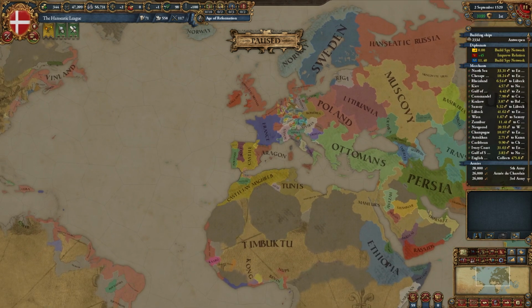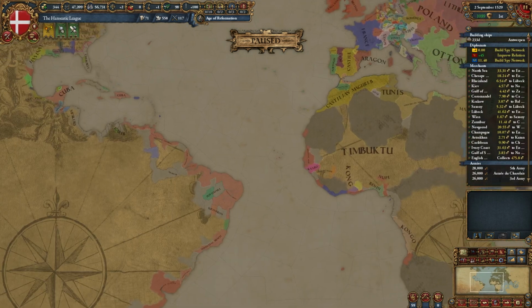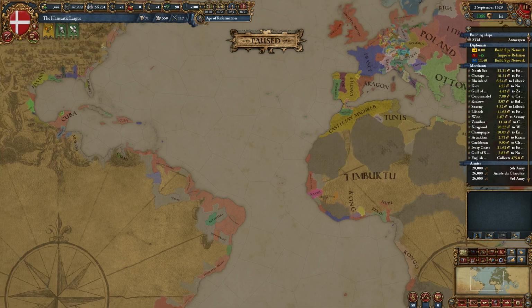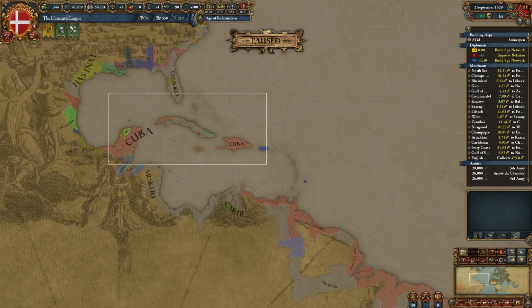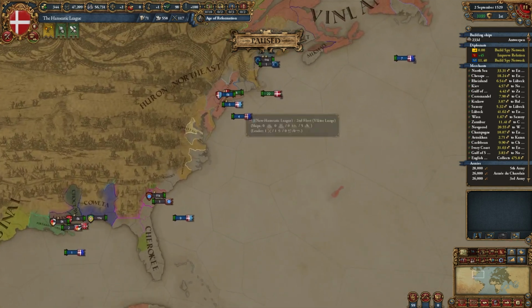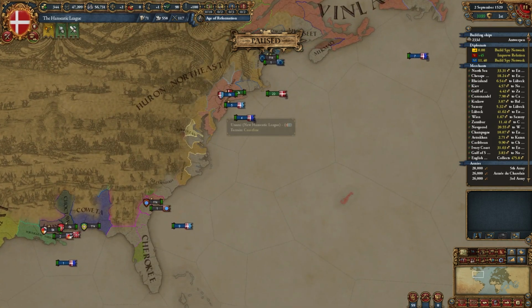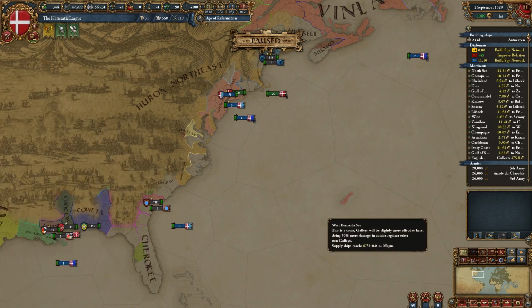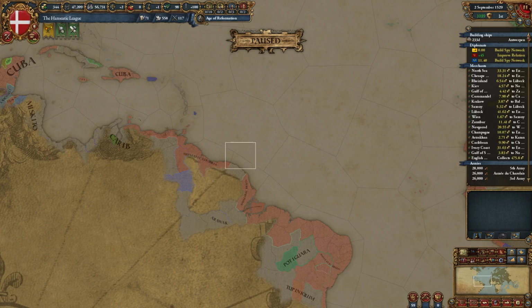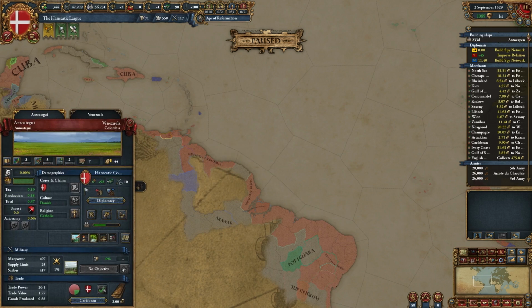And with those 2 colonists, I did basically what every good colonizing nation should do. I started colonizing the Caribbean over here, as you can see, with Cuba. I started colonizing the East Coast with the new Hanseatic League over here. I started even colonizing Colombia because of those really nice trade goods.